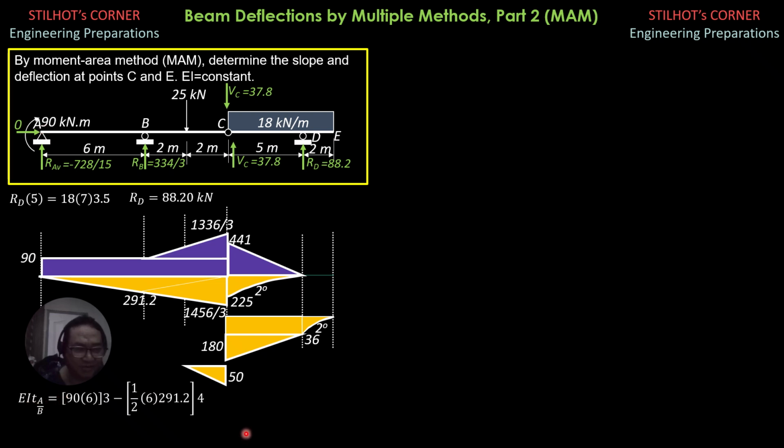So deviation of A relative to B is negative 1874.4. So that means point A is below the reference tangent at B. So let's draw the tangent at B. Reference tangent at B should be above A, so that deviation of A relative to B is negative, or A is below that reference tangent.